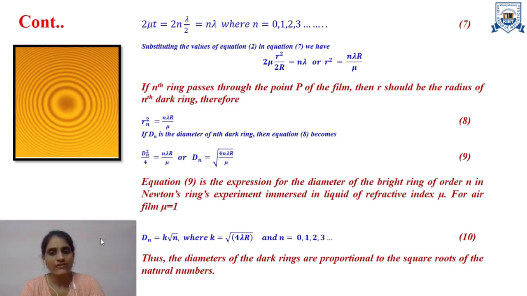So diameter of dark ring is equal to k square root of n, where k is square root of 4 lambda R, and here the value of n starts from 0, 1, 2 and 3. So in this way, the diameter of dark rings are proportional to the square root of natural numbers, whereas the diameter of bright rings are proportional to the square root of odd natural numbers.